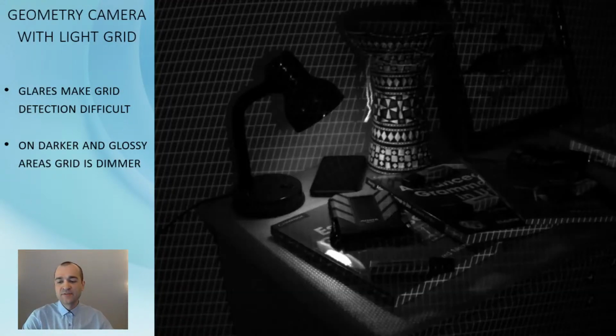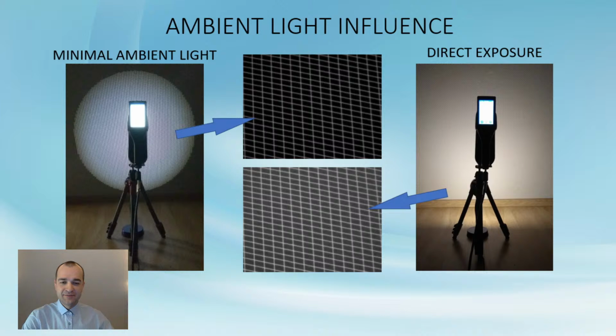And I just want to emphasize this point by giving you this example of ambient light influence. So you can see on the left side here is a darkened room when I'm once again using our scanner on a tripod, and I'm aiming at the wall, and you can see this circle of the grid very clearly, very distinct, and there is in the middle part of this grid.